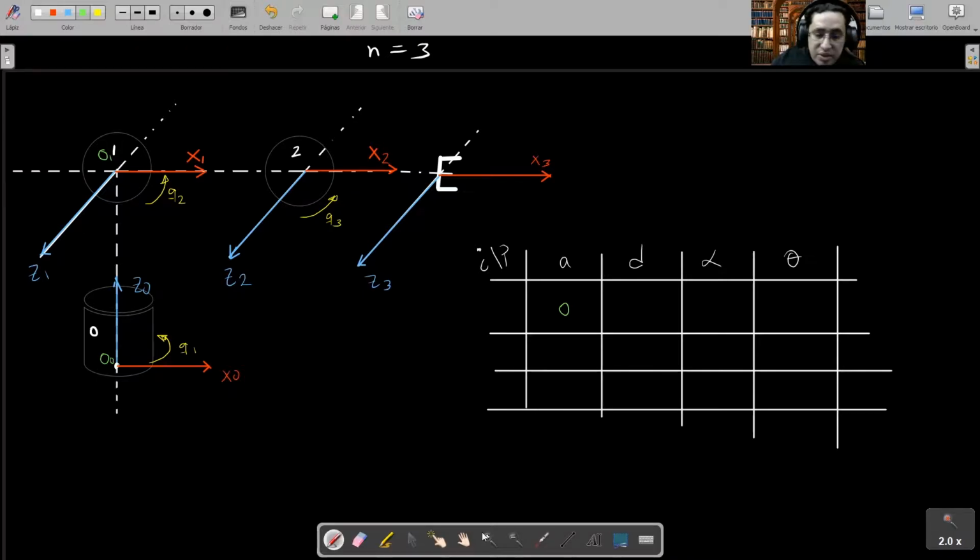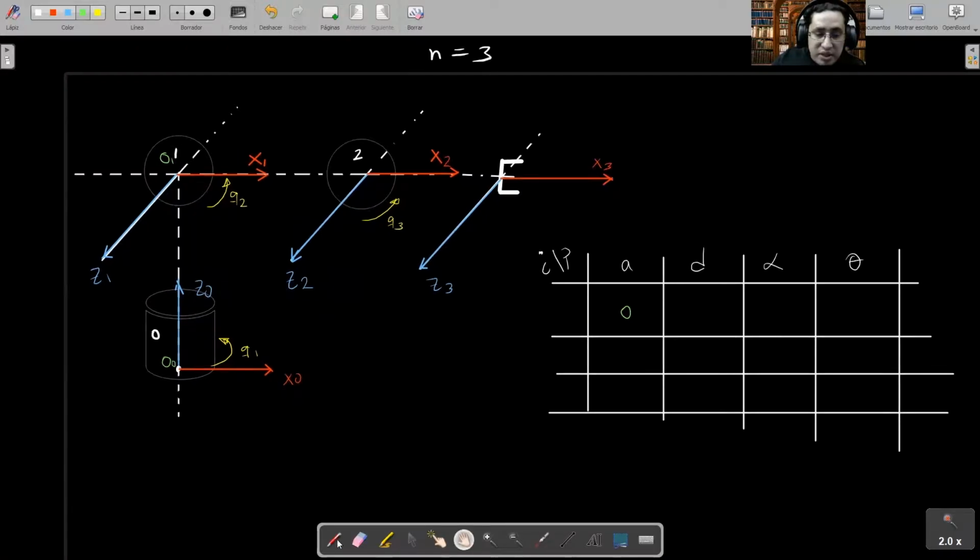Okay, and then we can denote this as L1. This distance is going to be L1. Easy, isn't it?